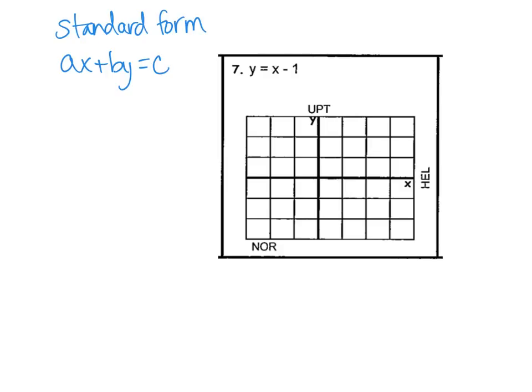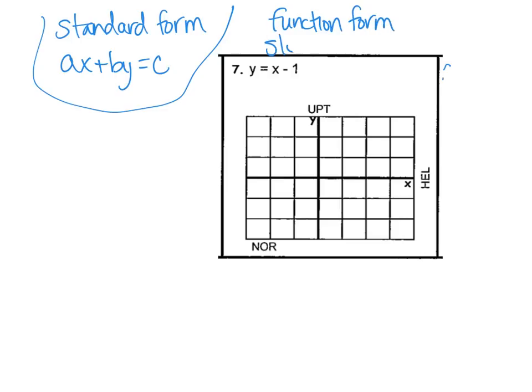A, b, and c are numbers. This is standard form. Number 7 is written in what form? Function form. What's the other word that we just learned this week besides function form? Slope and intercept. Okay.